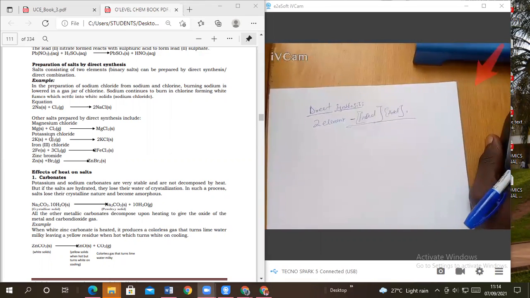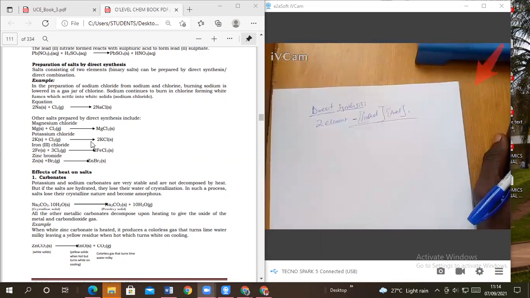So when chlorine reacts, it forms a chloride. When iodine reacts, it forms iodide. Chlorine forms a chloride. Bromine gives us a bromide.